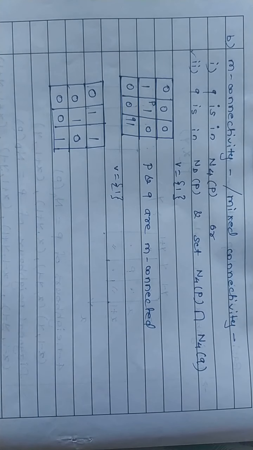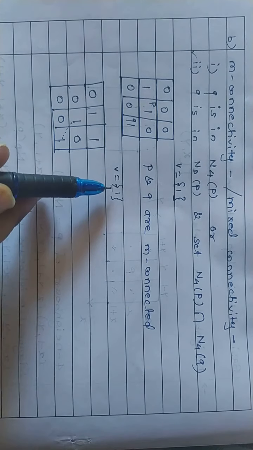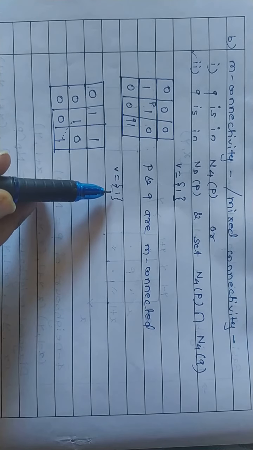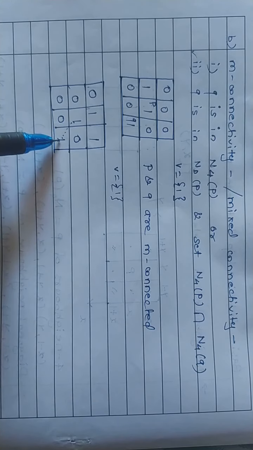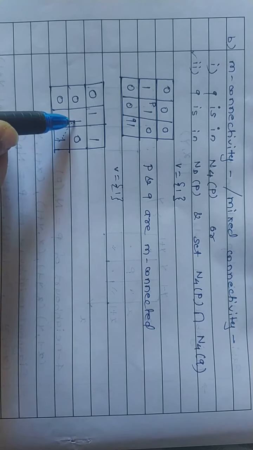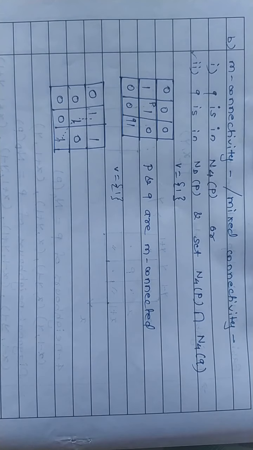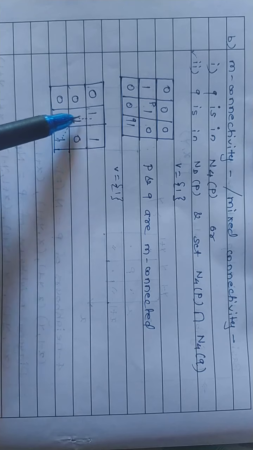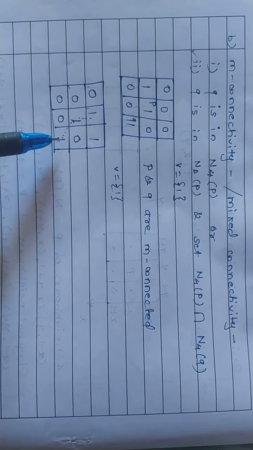Now here, when we move from this pixel to this pixel, we can observe that there is a connectivity between these two pixels because these two pixels satisfy the condition V equal to 1, and these two pixels are also connected in the 8 neighbor case. Again when we move from this pixel to this pixel, these two pixels are also connected. These two pixels have 4 connectivity, these two pixels have 8 connectivity.